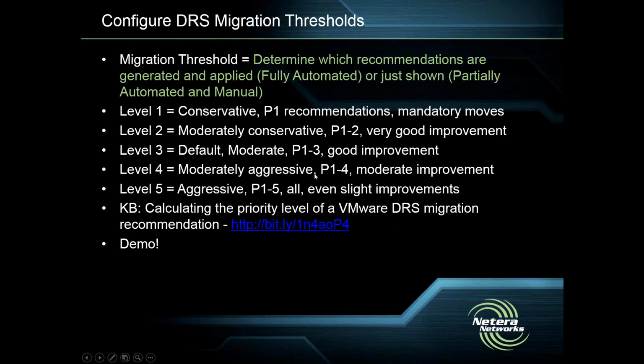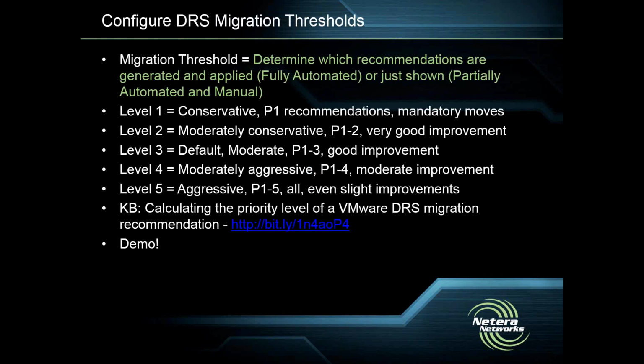All right, so migration thresholds. Another task in the blueprint is to configure migration thresholds. So let's identify what that is. Migration threshold determines which recommendations are generated and applied. This is what we configured when we first created the cluster. It's essentially when does DRS kick in and start doing its thing.